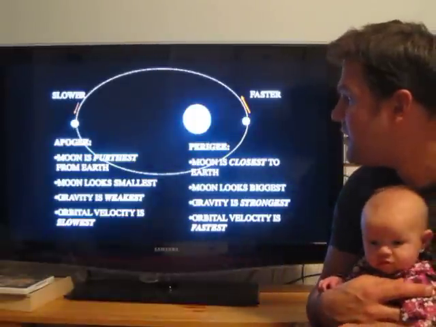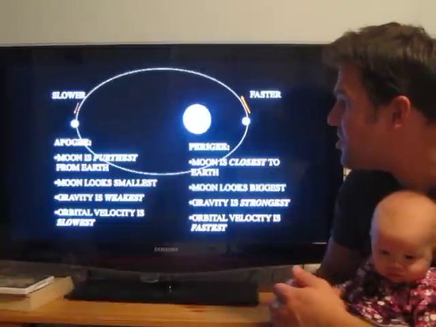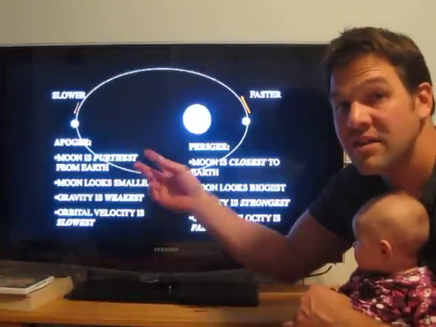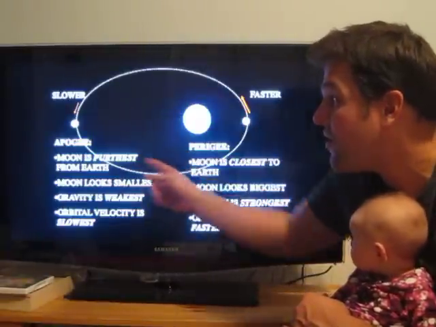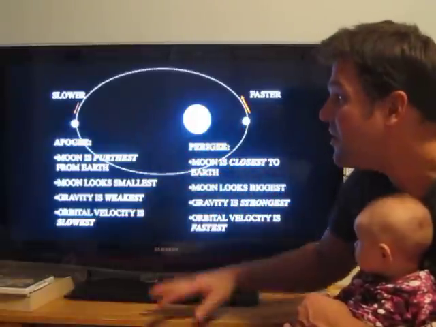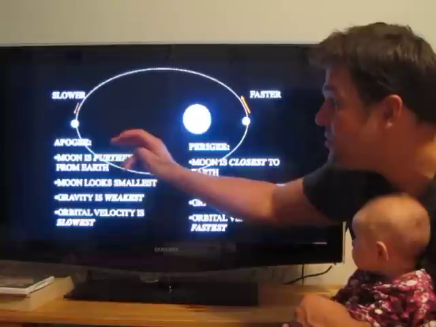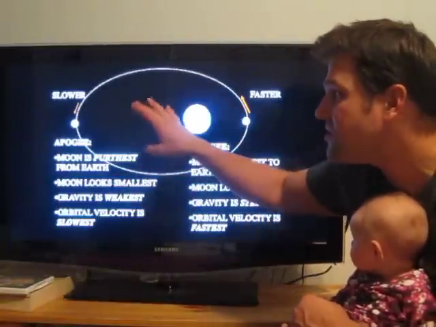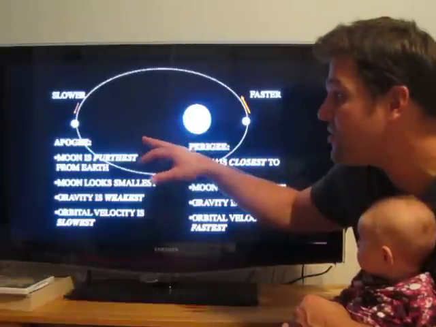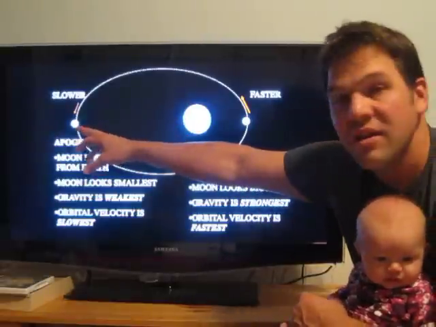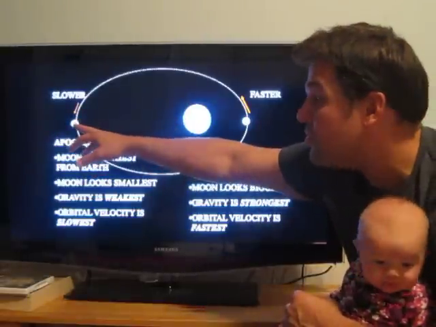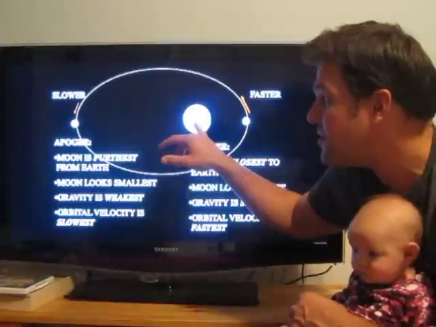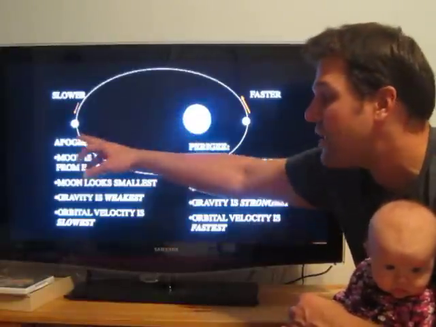Oh, you should note that the moon, in its revolution around the Earth, also follows an elliptical, oval-shaped path, and so it has similar characteristics. There's a moment during the month when the moon is furthest away from the Earth, and that's called apogee.